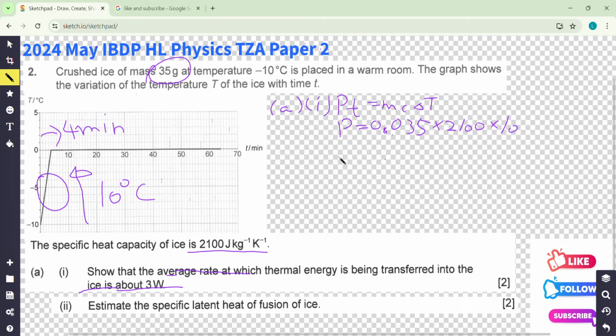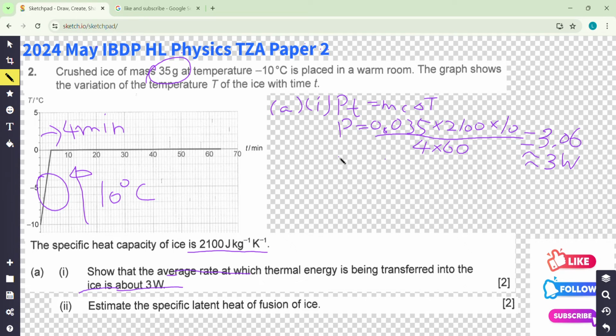The time, remember, change it to seconds, so 4 times 60. Remember to calculate the more accurate one because it's a long question. So note that. Well done. So it is 3.06, right? So it's 3.06, approximately 3 watts.